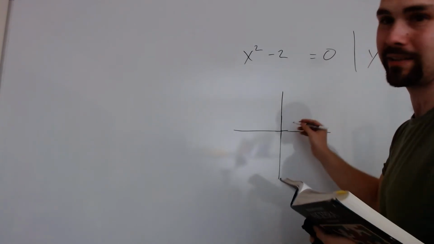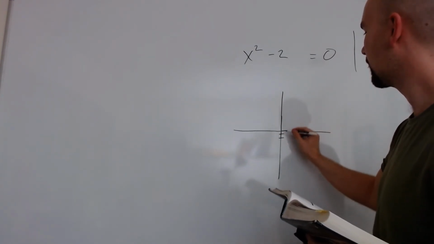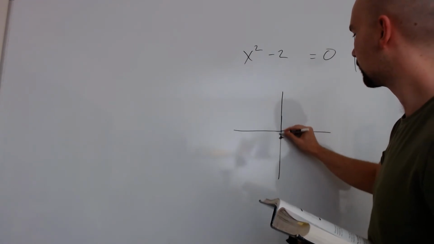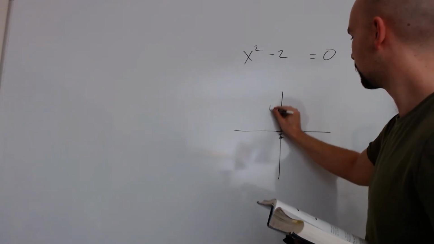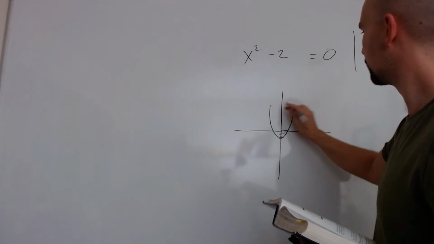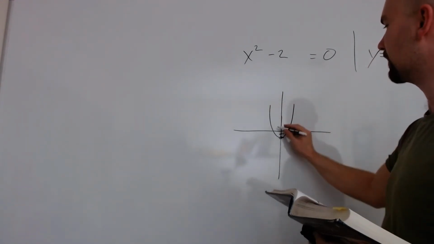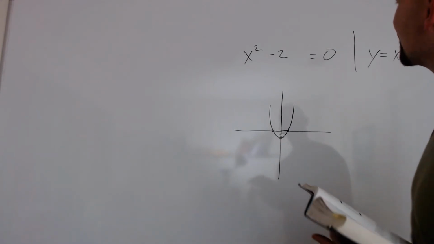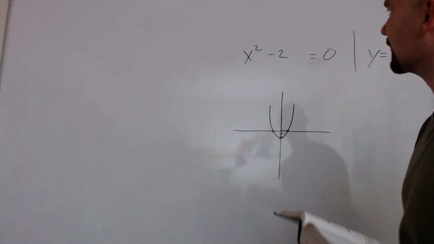So it's going to be exactly the same shape, but -2. And if it had been +2, you'd be shifting upward. So here you would have two different answers, one there and one there, and they would be exact mirror images of each other.